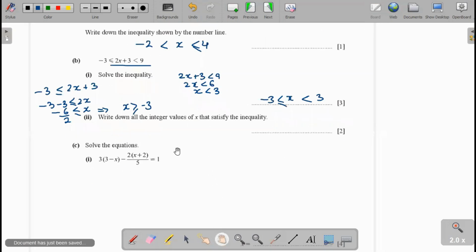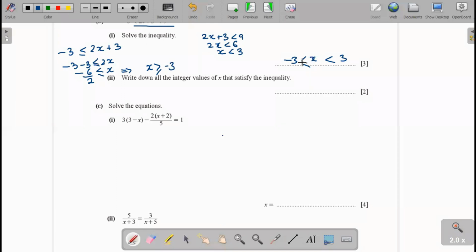Okay, now part second, write down all integers between the values of x that satisfy the inequality. You see here x is greater than or equal to minus 3, therefore minus 3 will also be included: minus 3, minus 2, minus 1, and x is less than 3. Therefore we can write 0, 1.